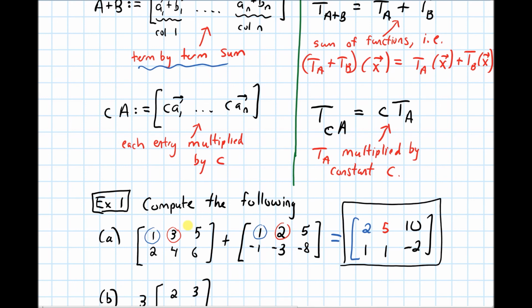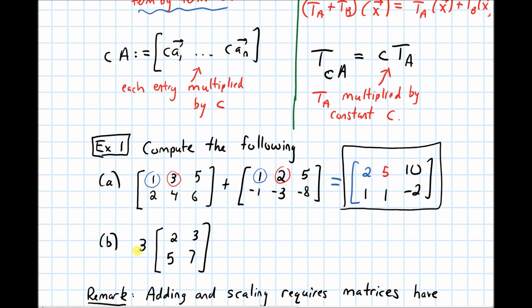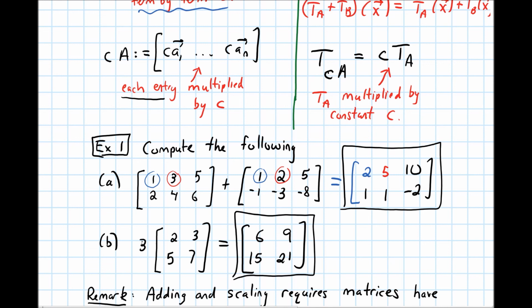Not bad. Multiplying a matrix by a constant in front means that each entry in the matrix gets multiplied by that constant. So if I do 3 times this 2, I get 6. 3 times this 3 is 9. And on the bottom row, I get 15 and 21. That's how I multiply a matrix by a constant.